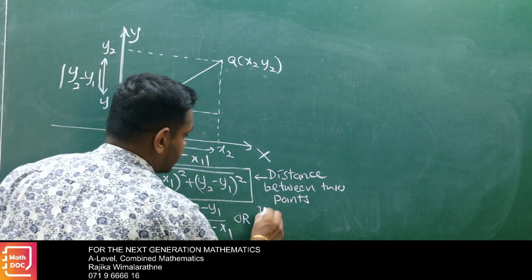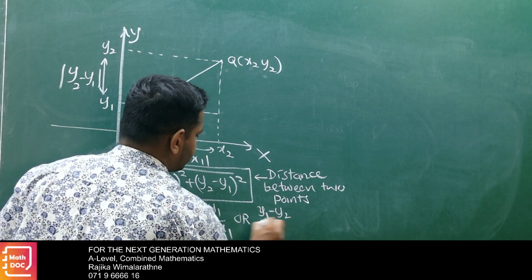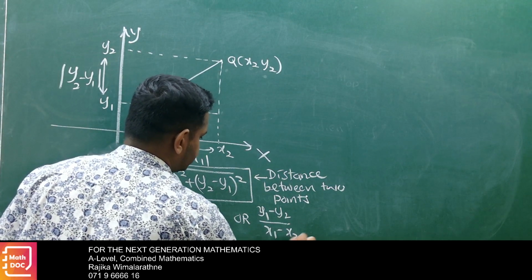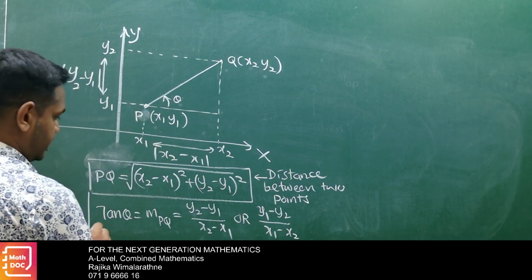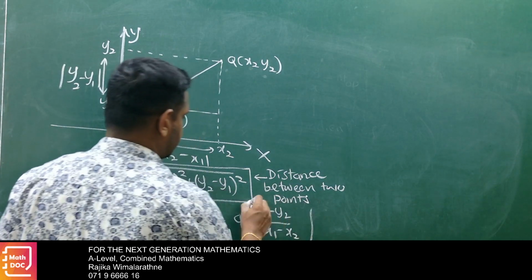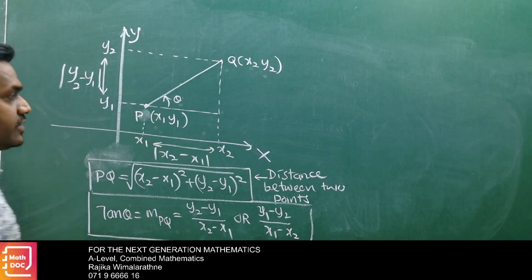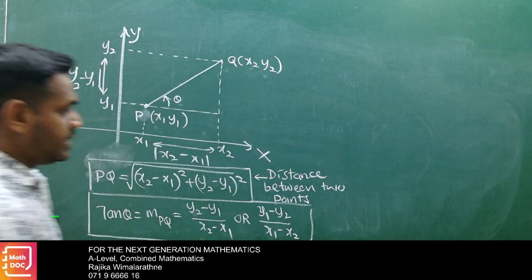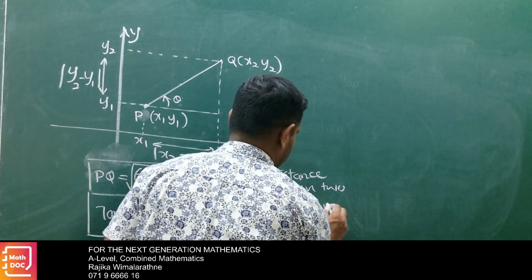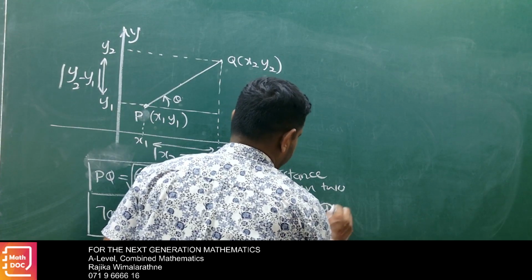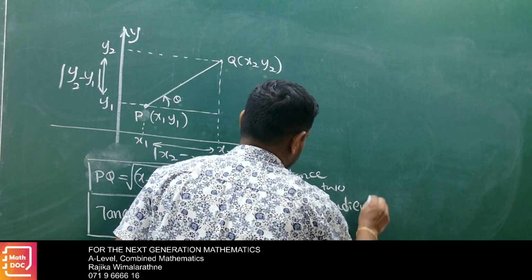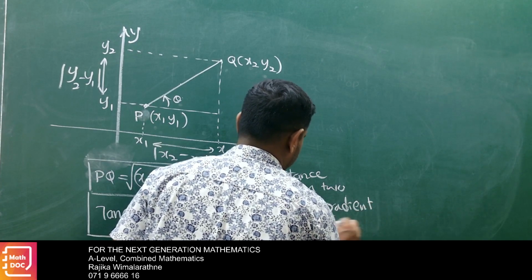Or y1 minus y2 over x1 minus x2, that is also possible. So that is the gradient of PQ. Okay, write with me: gradient of PQ.